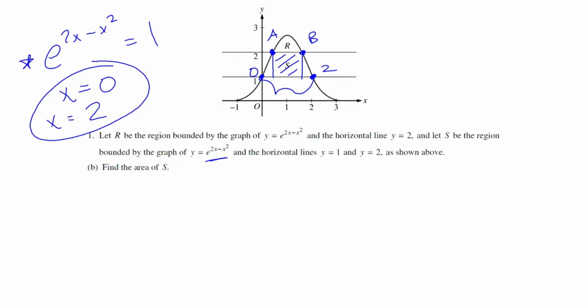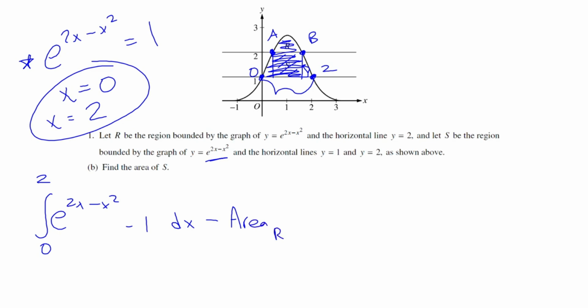If I do the setup for, let's say, the whole thing first, that integral is going to be the integral from 0 to 2 of the upper function, e to the 2x minus x squared, minus the lower function 1. And then we just have to subtract the area of region R, right?